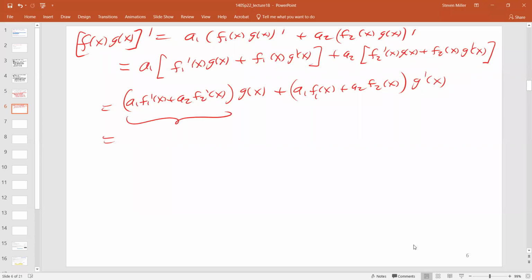What does this first factor equal? So what is the second factor? Which one is easier for you? What is a1 f1 of x plus a2 f2 of x equal?